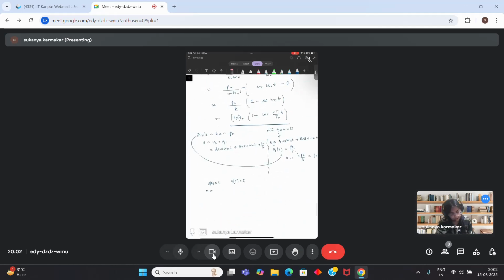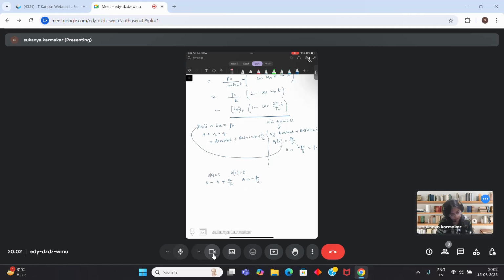So A plus P naught by K equals 0, so A comes out to be minus P naught by K. And for the velocity, U dot is equal to A omega n sine of omega n t plus B omega n cos omega n t.